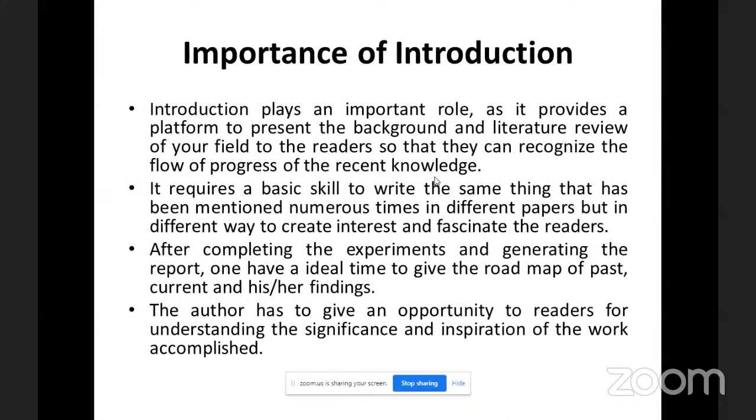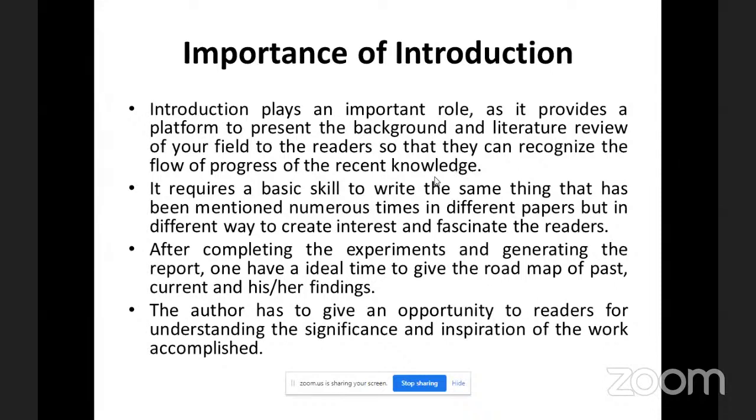Importance: definitely the introduction section is a very important thing here. Why is it a very important thing here? Because it will increase the interest of a particular reader or a reviewer to read your full paper. By reading the introduction section, a particular reviewer will understand what different things you can present or you are planning to present inside the paper there.